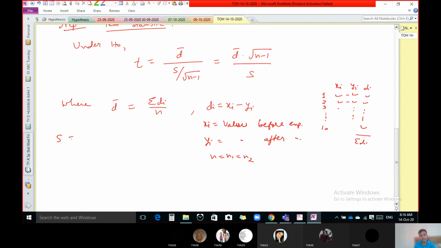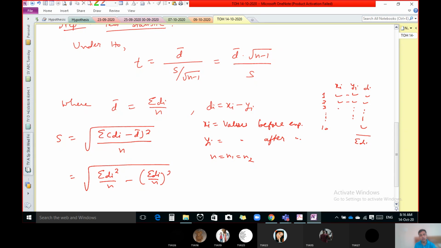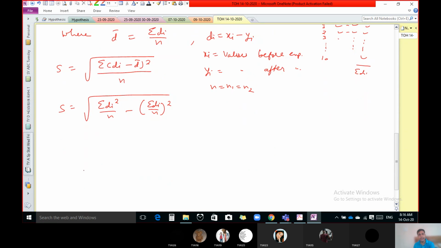And for the standard deviation, the formula is the square root of sigma di minus d bar, the whole square, upon n. Don't write xi or yi, di minus d bar the whole square upon n. Or you can write this formula: sigma di square upon n minus sigma di upon n the whole square. So this is the formula for S. Either you can use the first one or the second one. And now here we get T cal.